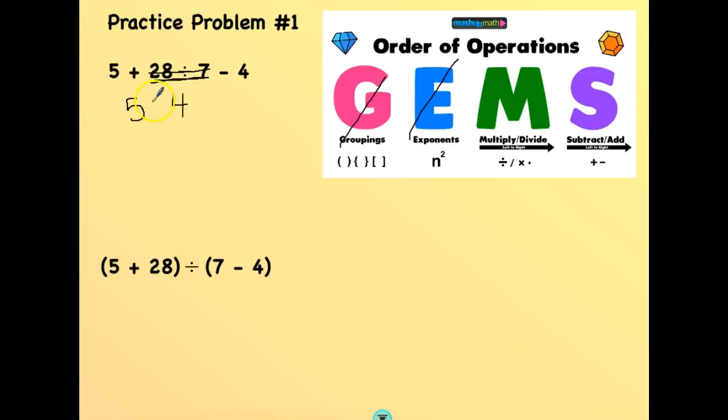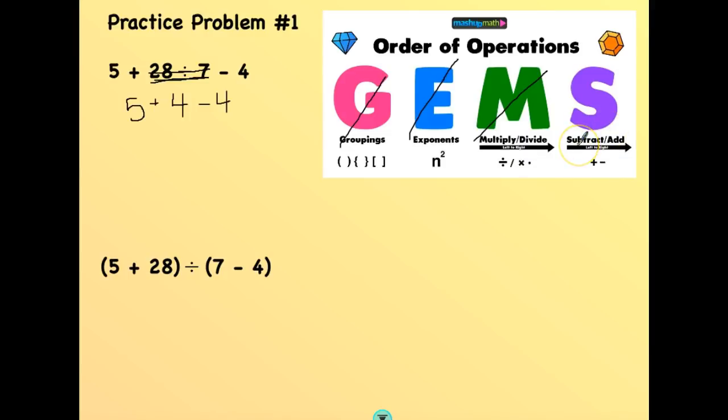So we still have 5 plus, and we still have minus 4. Now the reason I'm doing it this way is so I don't make any mistakes and I don't mix up the order of operations. So do I see any more multiplication or division? I do not, so I can cross that out and move on to subtraction and addition.